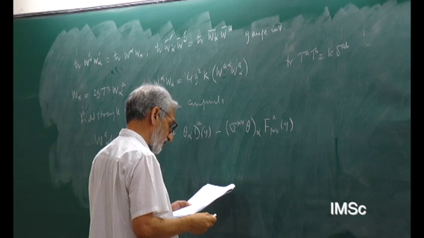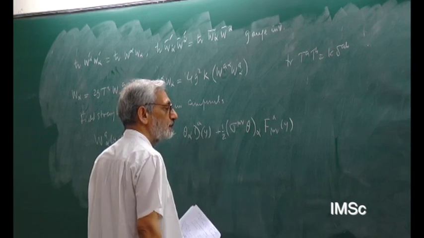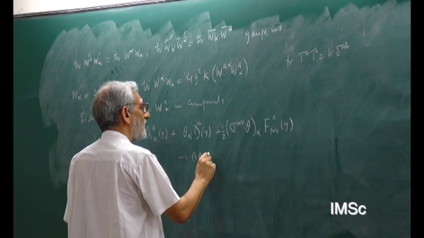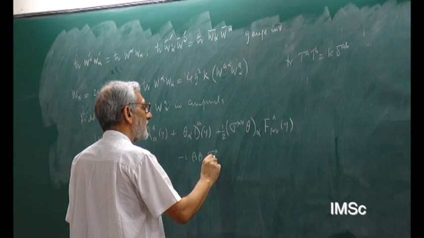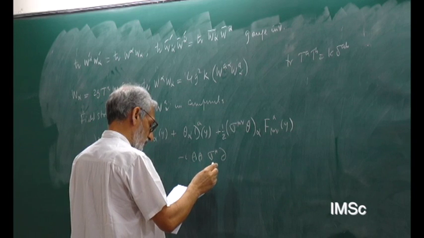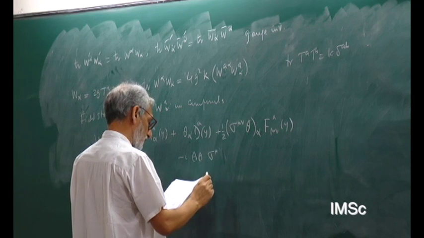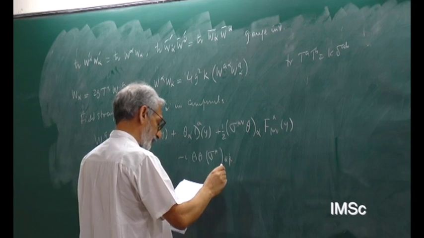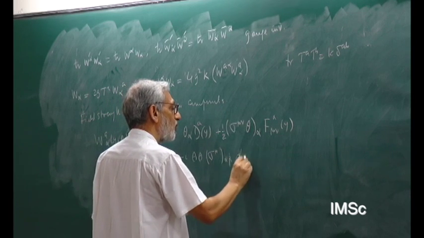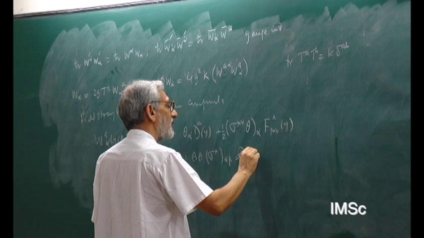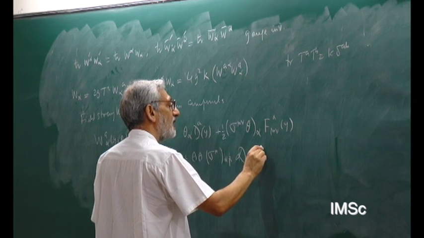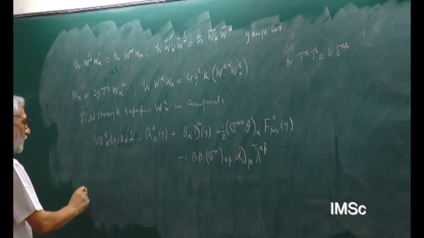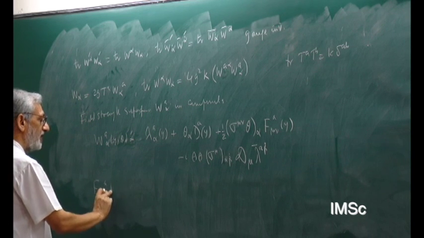Now some factor, what is the factor? Plus half, minus i theta theta sigma mu alpha beta dot covariant derivative mu of lambda bar A beta dot, where now F mu nu A is the non-abelian field strength.